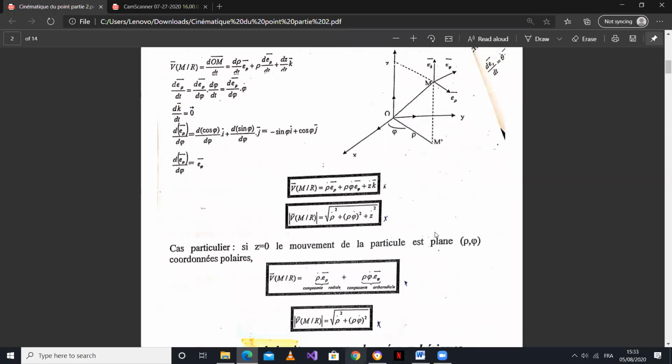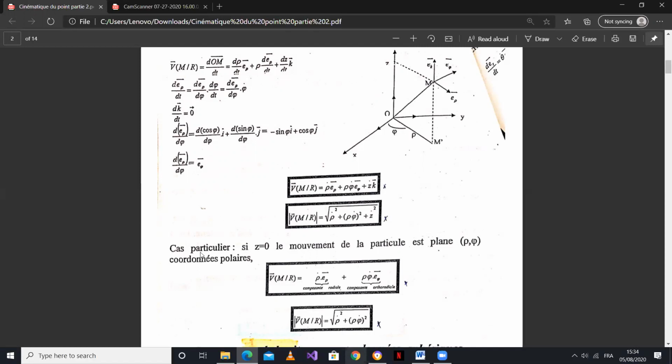Then last week, we introduced the notion of coordonnées polaires, and we said the coordonnées polaires is just the same as the coordonnées cylindriques, except for the fact that in the coordonnées polaires, z is equal to 0. Okay, it's like that's moving in the horizontal plane. So whenever they tell you coordonnées polaires, just remember the coordonnées cylindriques, but with z equal to 0.